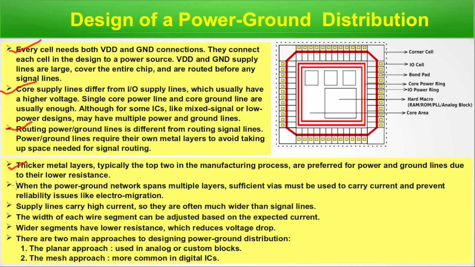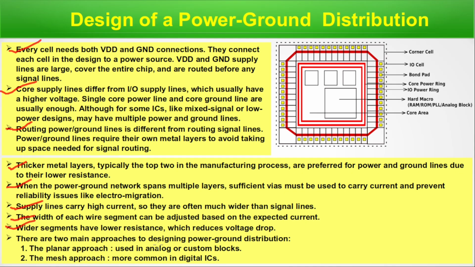When power ground networks span multiple layers, sufficient vias must be used to carry current and prevent reliability issues like electromigration. Supply lines carry high current, so they are often much wider than signal lines. The width of each wire segment can be adjusted based on expected current. Wider segments have lower resistance, which reduces voltage drop.